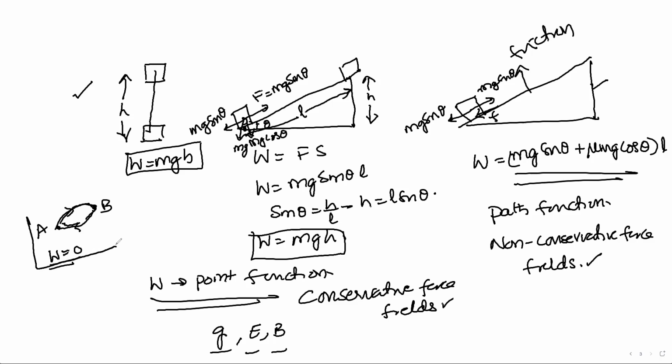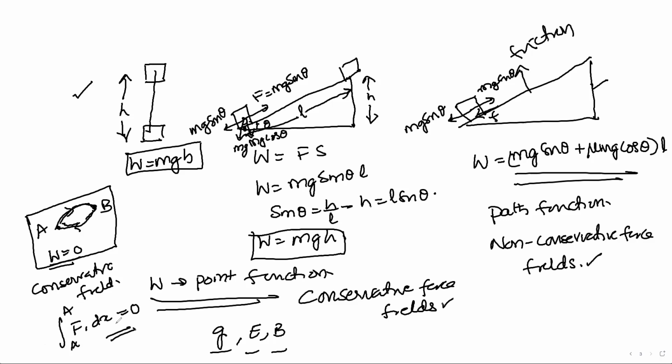Then it is called a conservative force field. That is, the integration of F dot dx over a closed curve, that is again A to A. If this is equal to 0, then I can say it is a conservative force field.